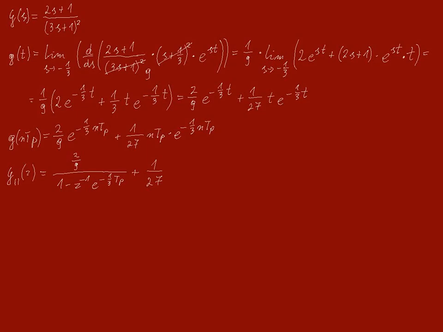Please note that we have two properties here, that is, change in the complex scale z and multiplication by n. It's a good idea to either calculate it on the side or go straight to the result, but be very careful not to make a mistake. Calculating the derivative would be more difficult, so I will start with the nTp function. And wherever there is z, I need to substitute e to the appropriate power.